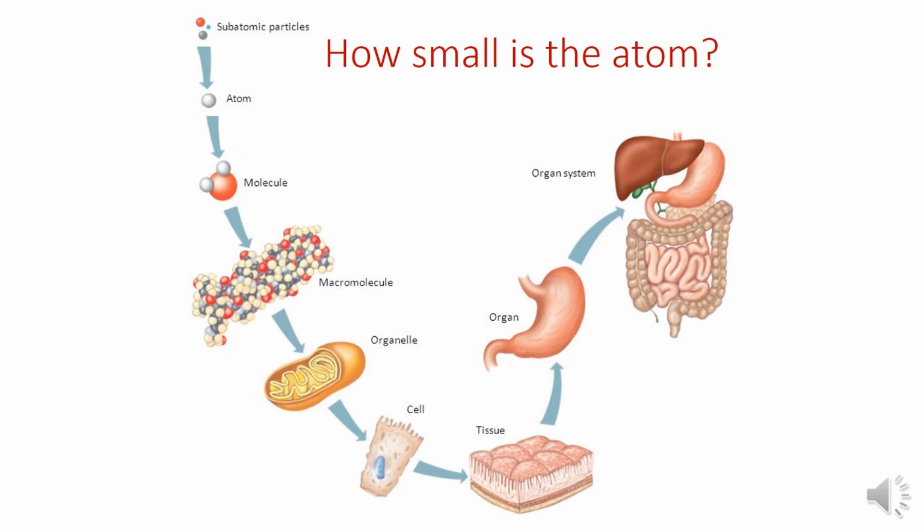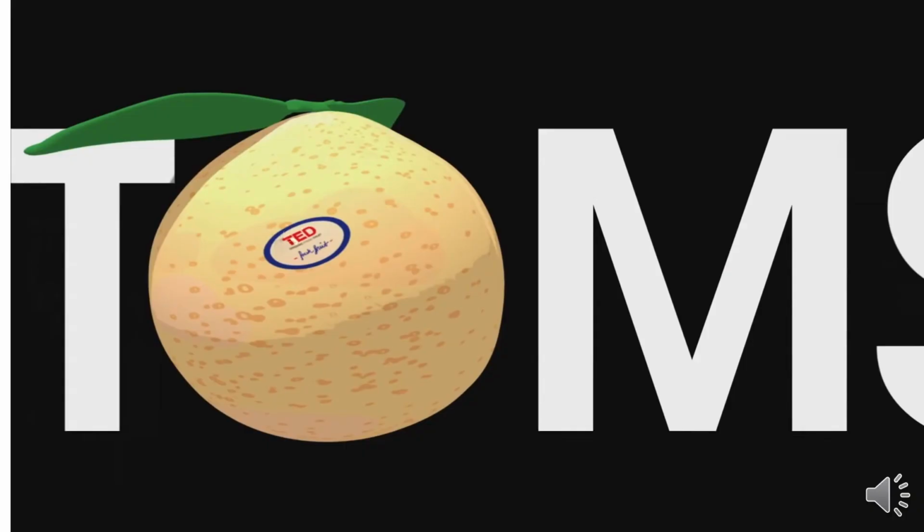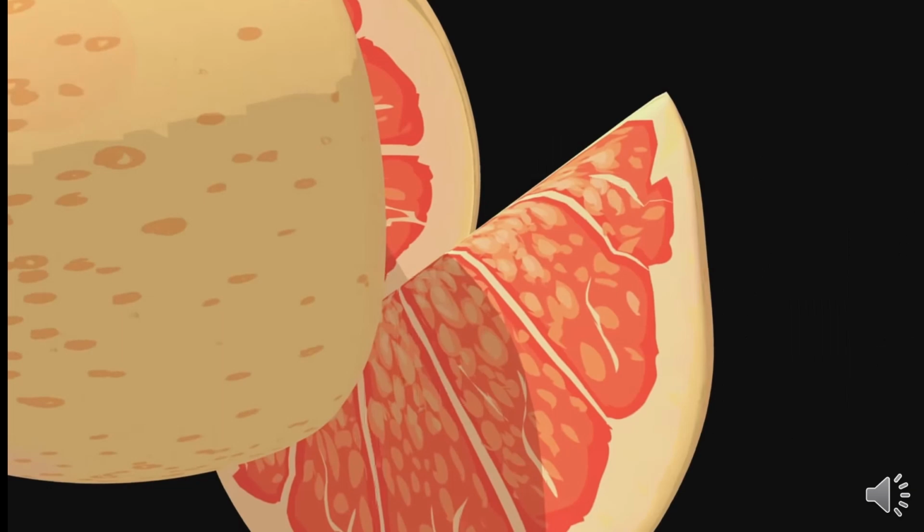Now let's try to imagine it by comparing it to the size of something we know. Let's imagine this grapefruit. This grapefruit contains atoms, of course. Let's imagine that all these atoms are nitrogen atoms, which is not true, but let's imagine it.